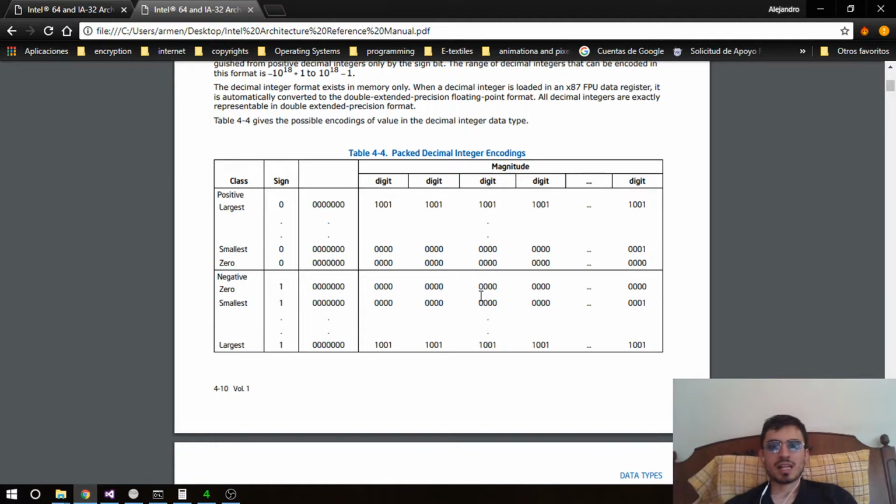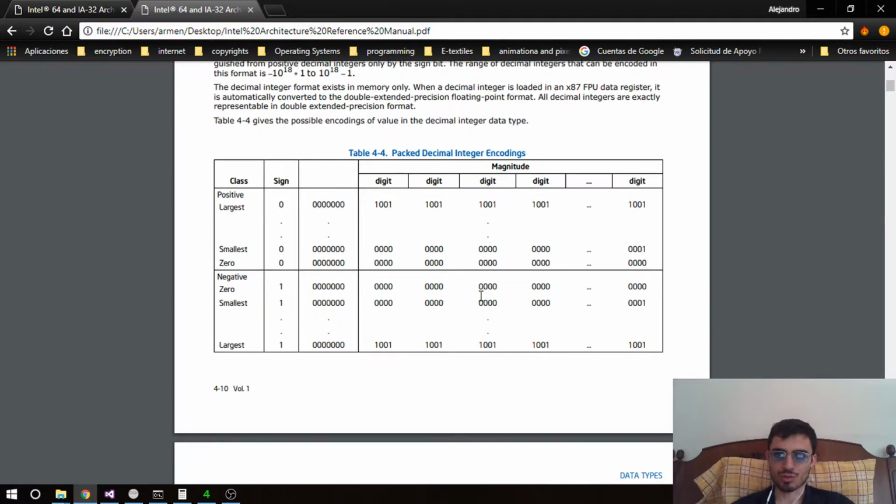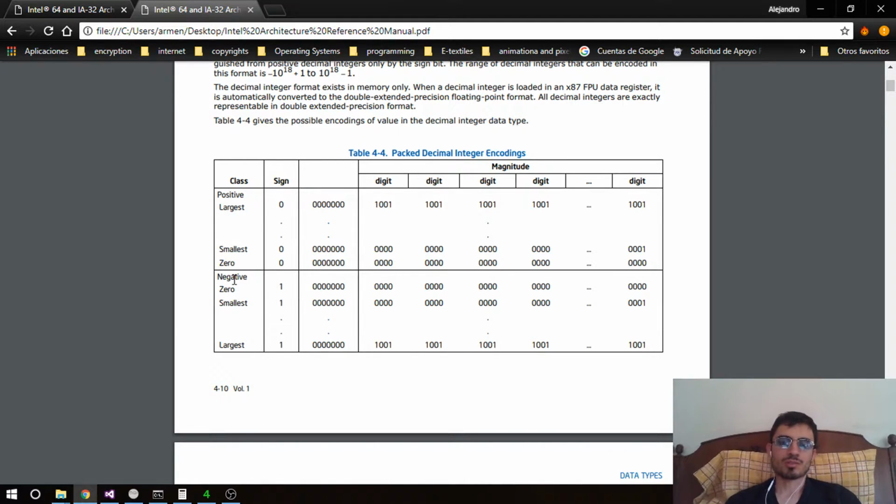So we have packed decimal integer encodings. Okay, so we have 9 bytes. And they don't use two's complement, so the sign is the only thing that separates them. They have signs. It's the positive largest, the smallest, and 0, and we have a negative 0, and smallest, and the largest negative.